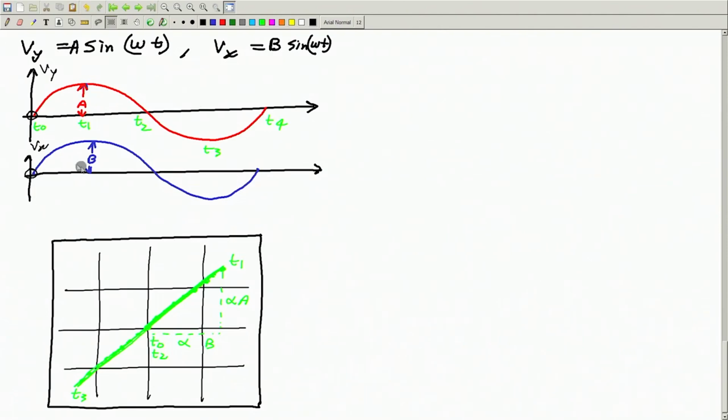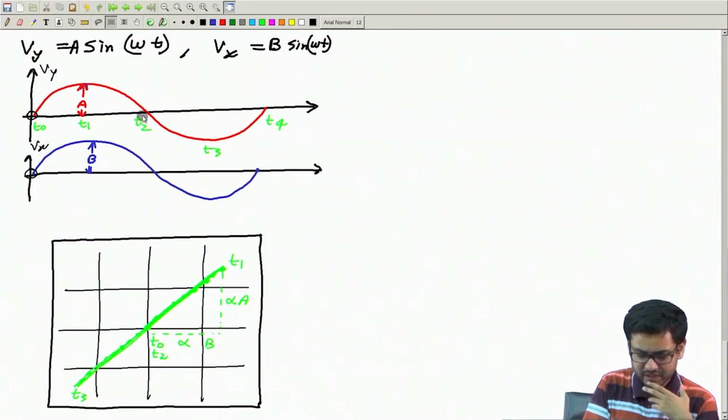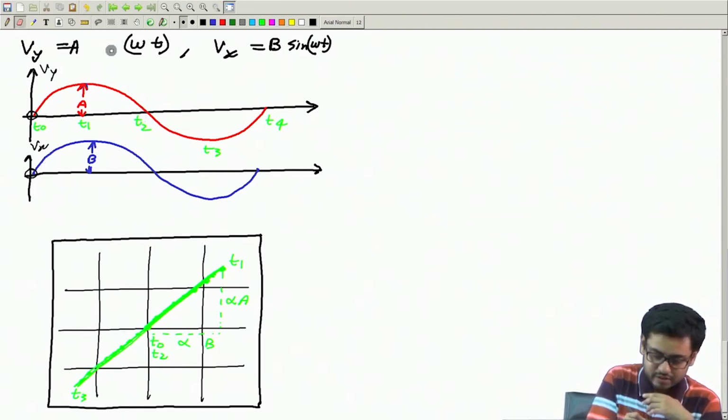Say I say that Vx is as it is, but I'll make Vy cosine omega t. So then this will change.